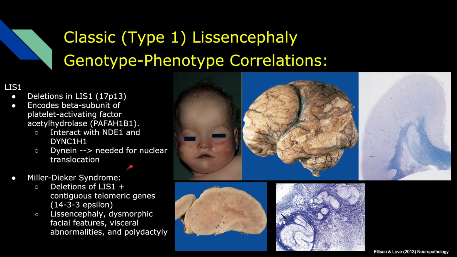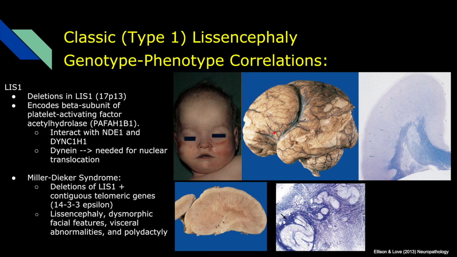So this is a case of Miller-Dieker syndrome from Ellison and Love. This is the stereotypical face. You have frontal bossing, bitemporal hollowing, facial dysmorphisms, hypertelorism, polydactyly, and so on and so forth.